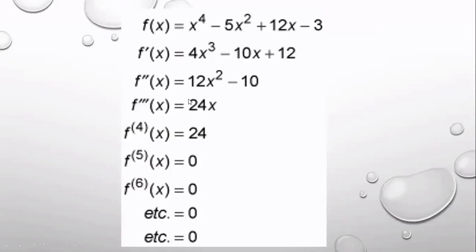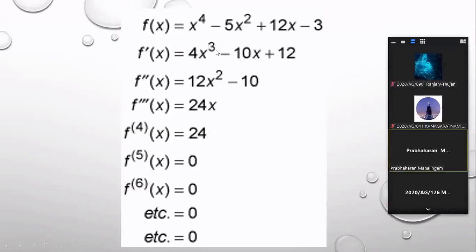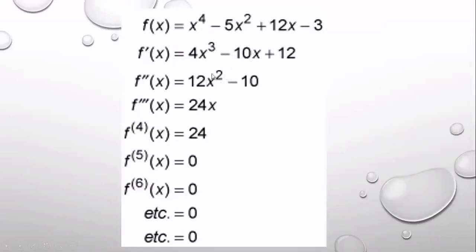You see, 4x cube, 5x squared, 10x plus 12. In the second derivative, the 12 is gone, it's a constant. Now 3 constant gone, 12 constant gone, 10x becomes 10. Here 4 into 3, 12x squared. Again third, 12 into 2, 24x, and 10 is gone.